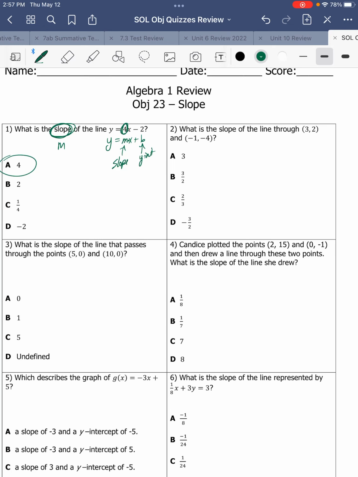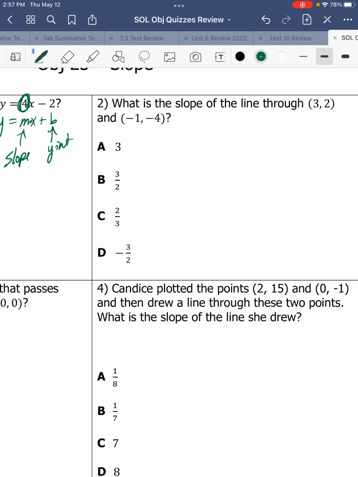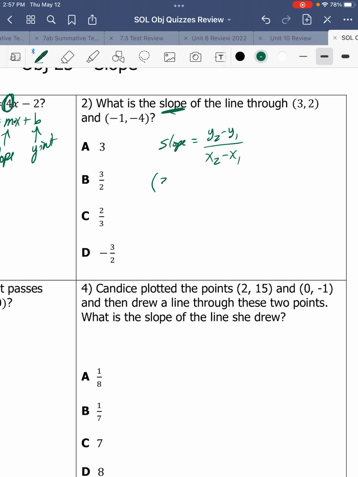All right, number 2. I'm going to show you two ways to do this problem, graphically and algebraically. So algebraically, to find the slope, you have y2 minus y1 over x2 minus x1. I'm going to take both points. It does not matter which one you choose to be the first coordinate. That's what the little 2's and 1's mean.